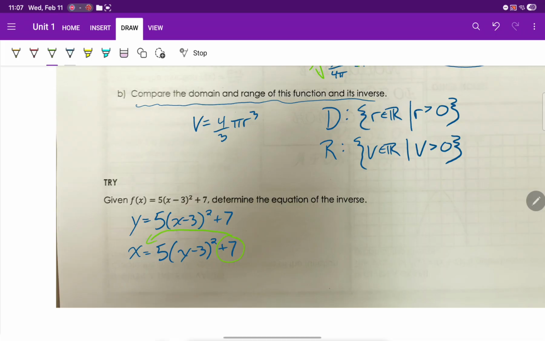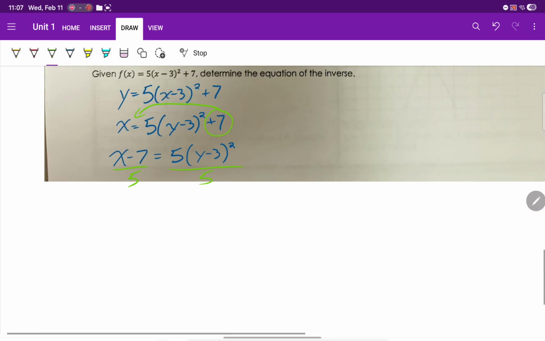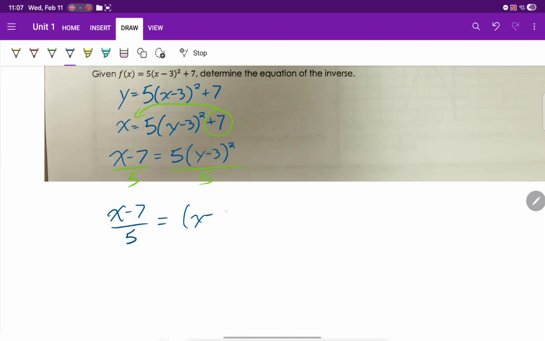And now we are going to isolate for y. I'm going to bring my 7 over. When I do that, I get x minus 7 equals 5 bracket y minus 3 squared. My next step is to divide both sides by that 5. I get x minus 7 over 5 equals y minus 3 squared.